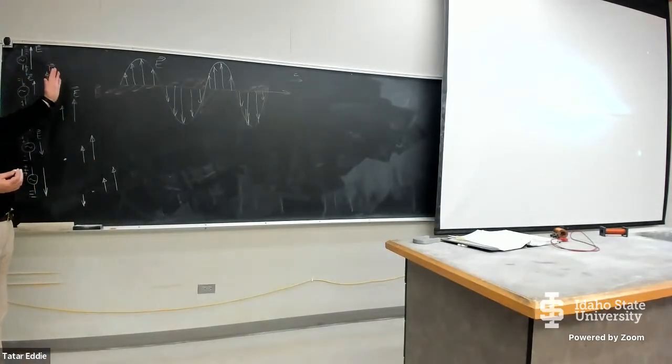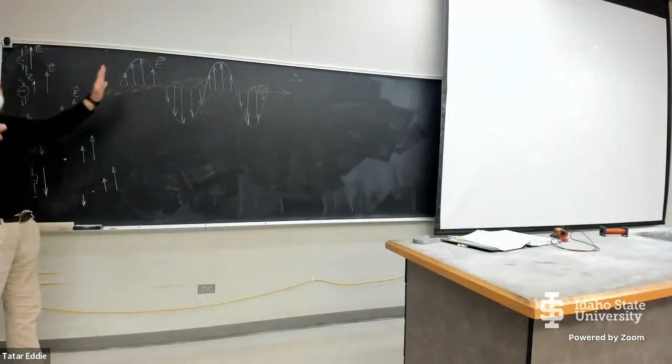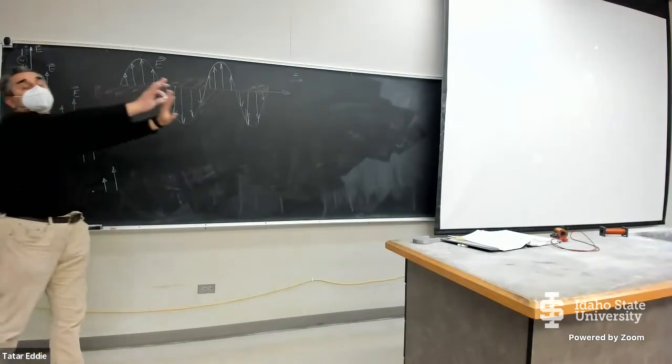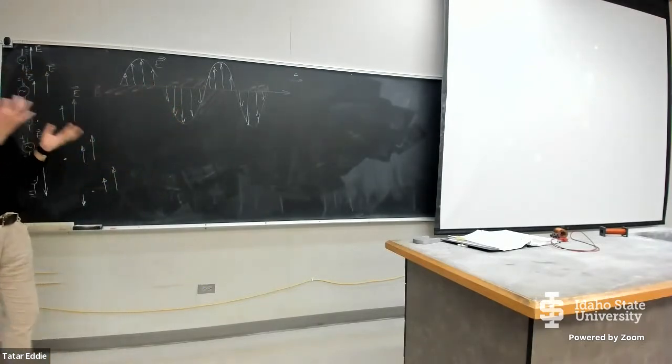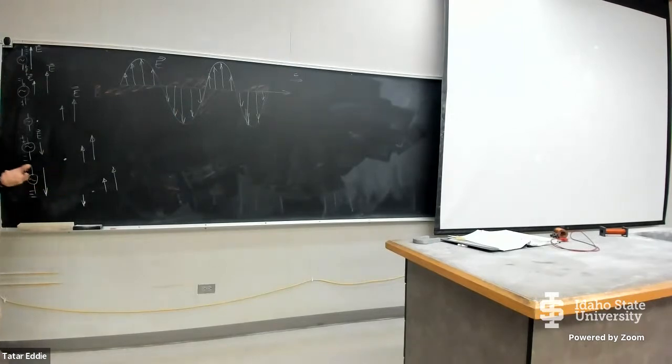So this pattern of electric and magnetic field traveling in space, we're going to demonstrate that this pattern carries energy. It carries also momentum and angular momentum, and this is what we call electromagnetic field.